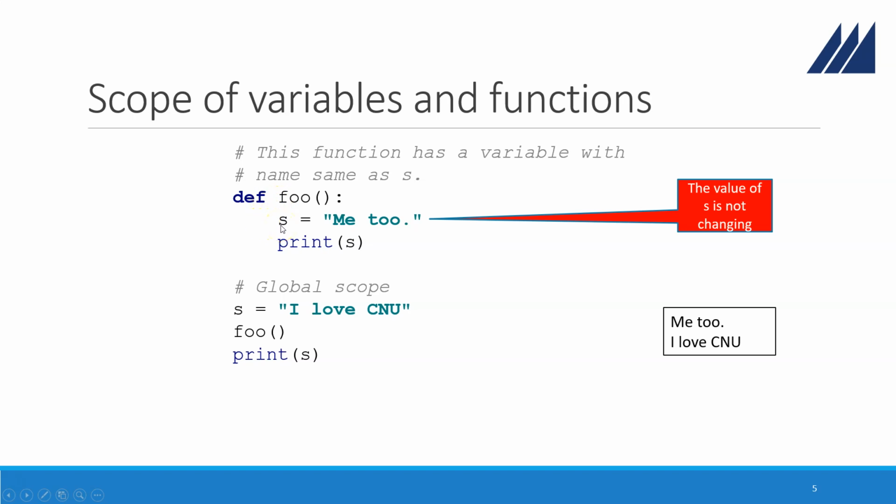So the value of s that I have already assigned, I love seeing you, is not going to be changed inside the function. When I print s inside the function, it's going to print me2, which is the output over here. And then I finish the function, I go back to my main, and then I print s. Which s am I going to print over here? I'm going to print the s outside the function. So it did not change it.